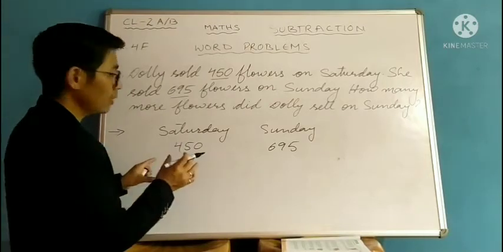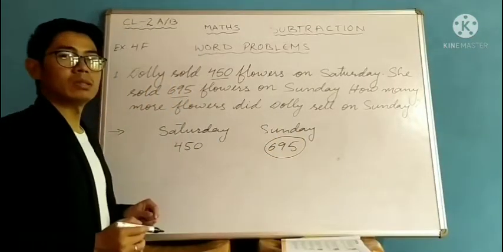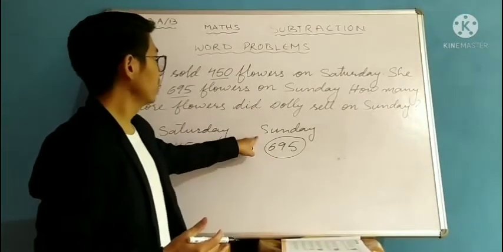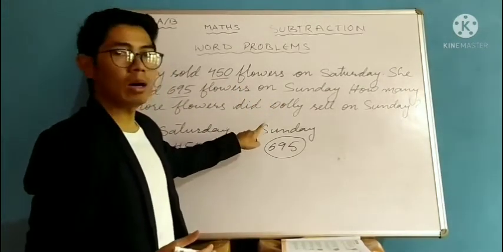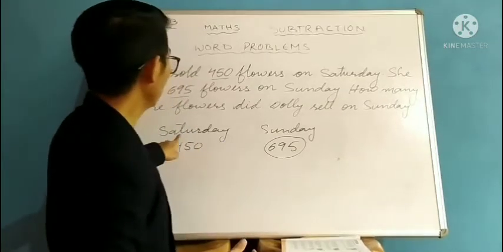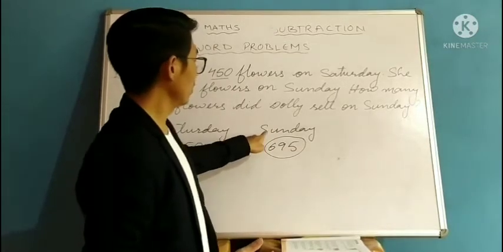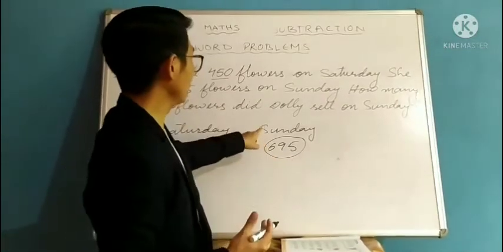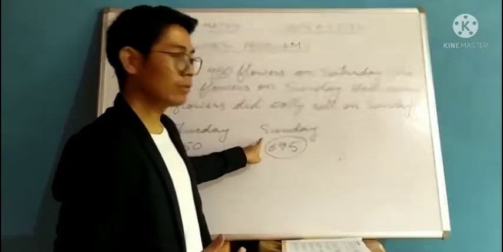As you compare these two numbers, you can see 695 is the bigger number, which means on Sunday Dolly sold more flowers. Now how many more did Dolly sell on Sunday? That you need to find out.